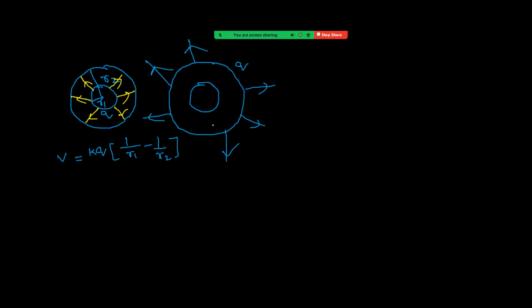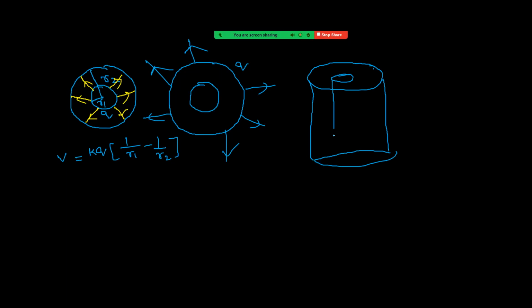Now exactly same logic coming to here. Only change is now shape. Now shape is cylindrical, and keeping one more inside. So now we can say directly from this conclusion, when there is a charge on the inner one, then there will be electric field from inner to outside like this.